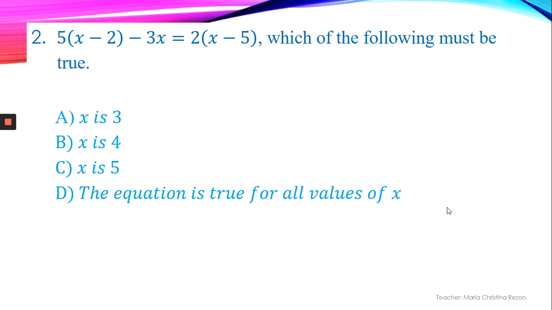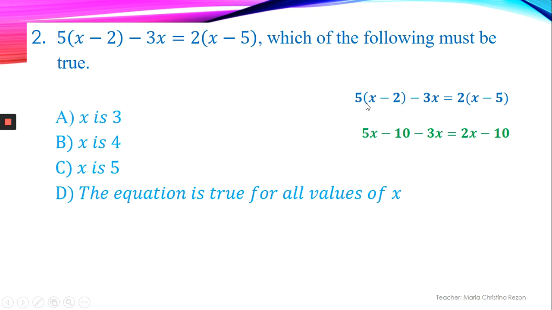Now, let's try to solve this. You have there 5 times the quantity of x minus 2, minus 3x is equal to 2 times the quantity of x minus 5.